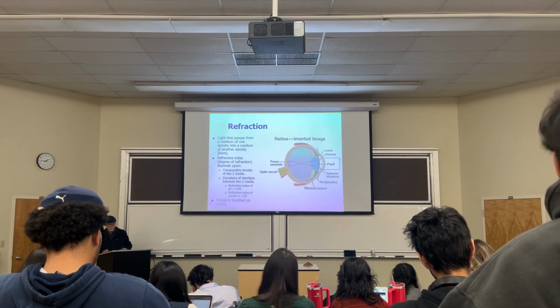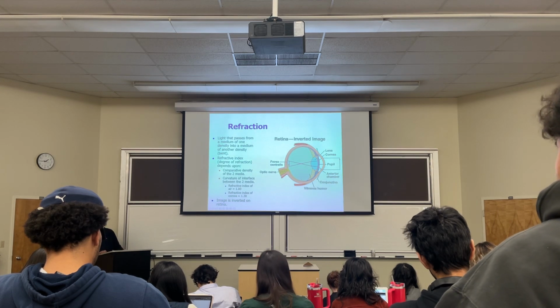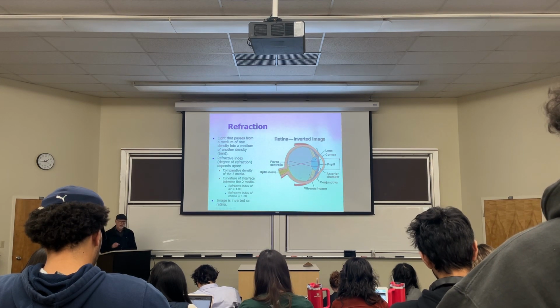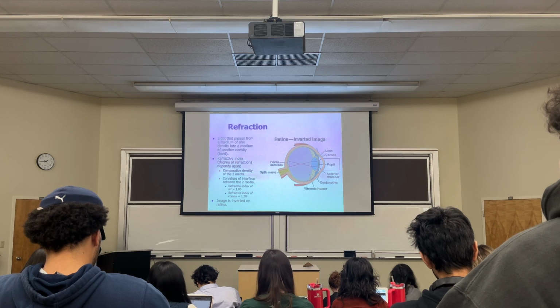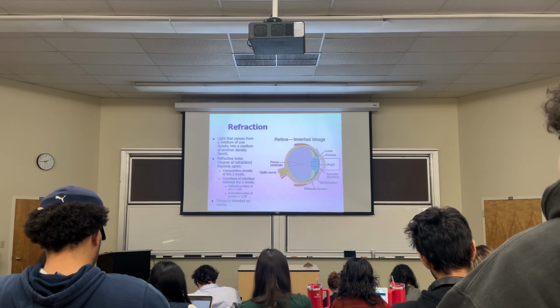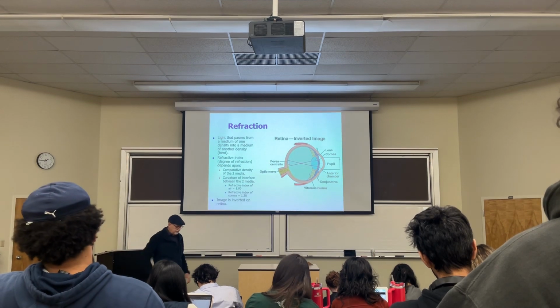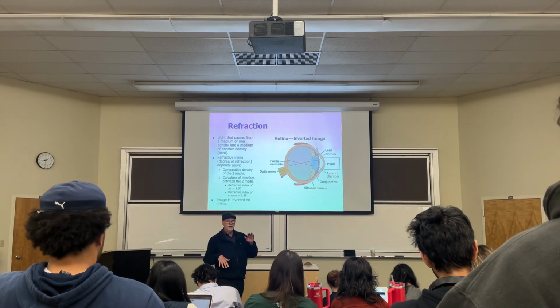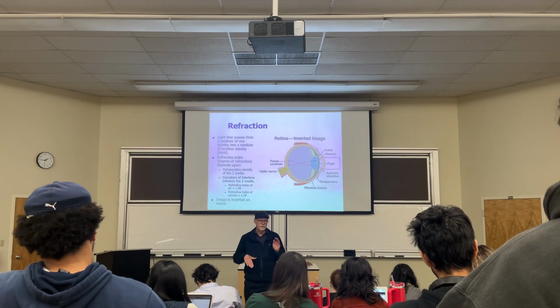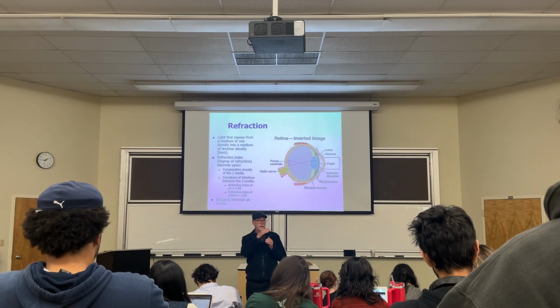We were talking about refraction briefly. Refraction is when light passes from one medium to another, if those two media have a different index of refraction, then you will bend the light.